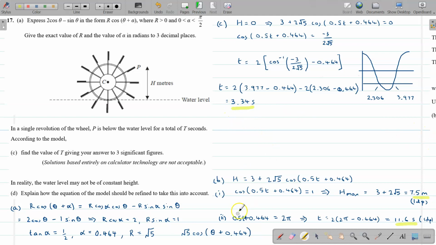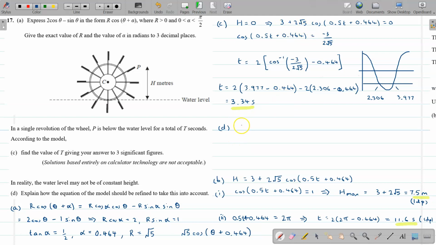Okay, so that's the answer to C, and then finally part D is just a modelling question. In reality the water level may not be of constant height. Explain how the equation of the model should be refined. Well, basically, if the water level varies, then the 3 in the original model here needs to change.